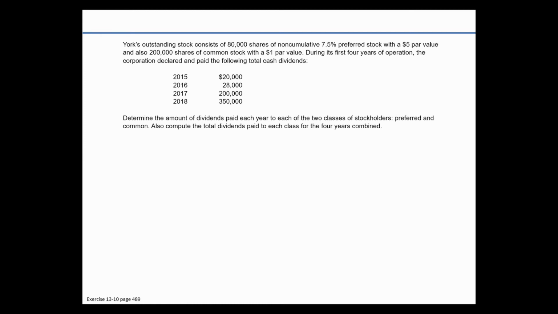During its first 4 years of operation, the corporation declared and paid the following total cash dividends. So we're going to determine the amount of dividends paid each year to each of the two classes of shareholders, both preferred shareholders and common stockholders. Also compute the total dividends paid for each class for the 4 years combined.